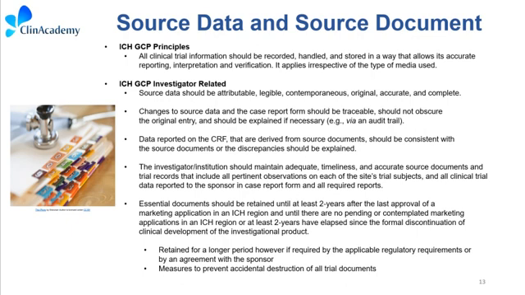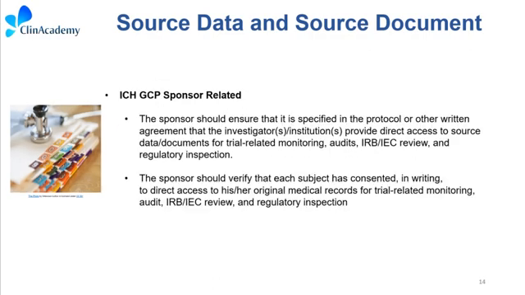I shall leave this slide a little longer for you to have some time to read the GCP requirements related to source data and source document. This slide is showing the GCP standards in regards to the sponsor responsibility for source data and source document.